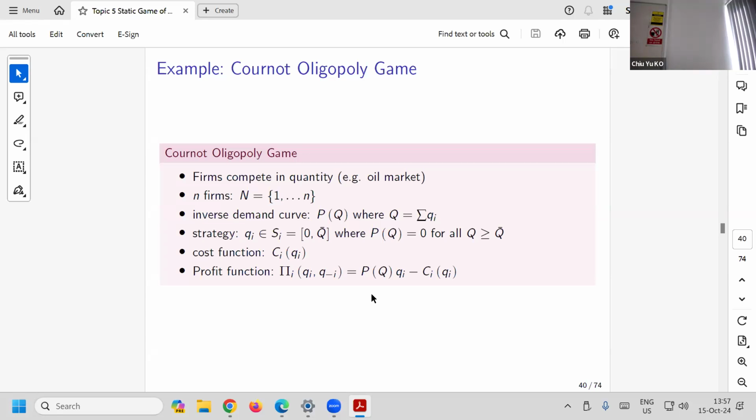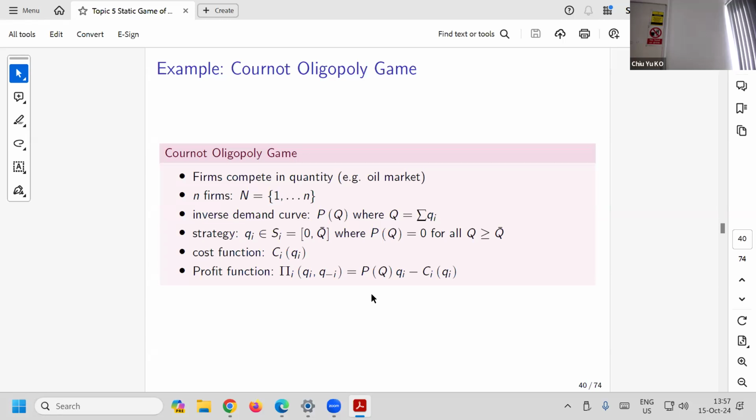Now we have to be careful. The strategy, instead of going from 0 to infinity, needs an upper bound Q bar. The reason is that at Q bar the price is already 0. Later you will see that by making it a compact set, an equilibrium always exists. That's why we need it.